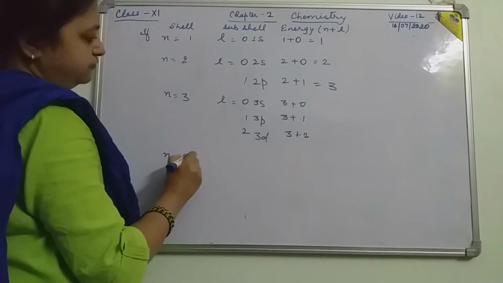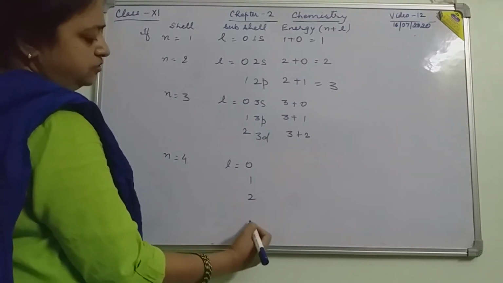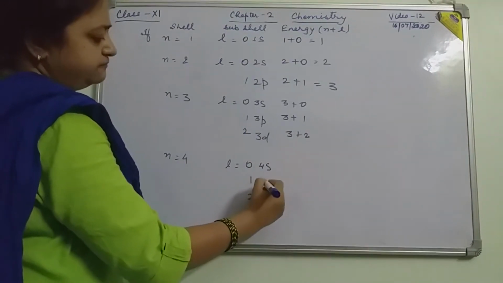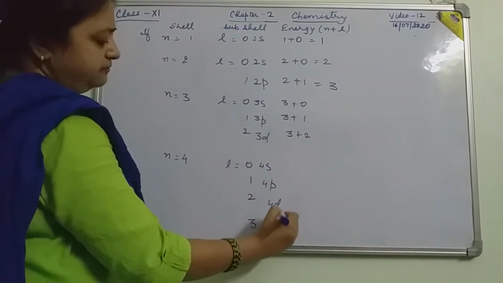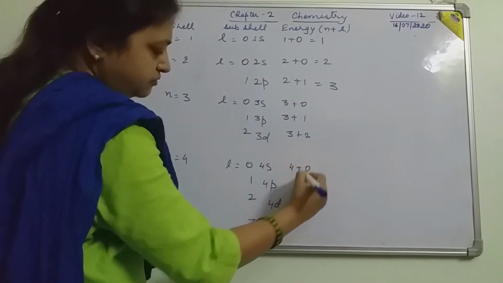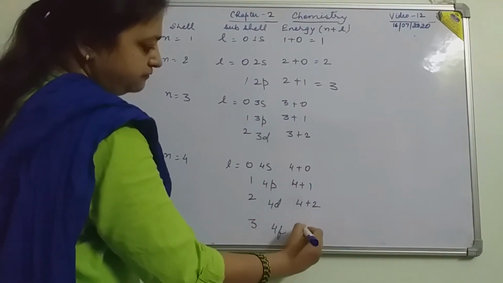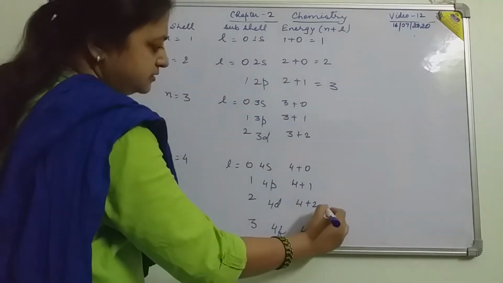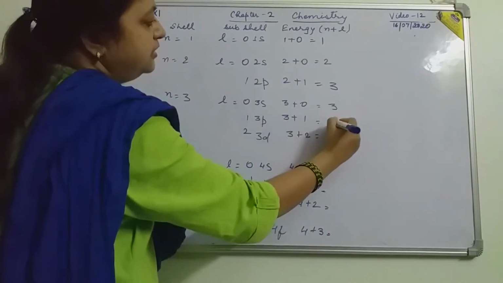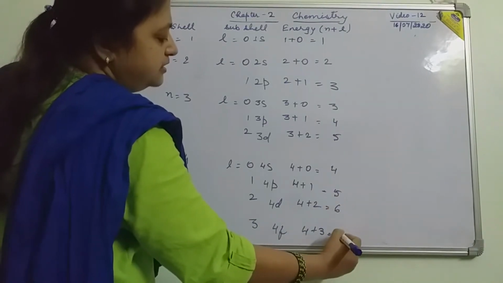Likewise, if n equals 4, l equals 0, 1, 2, 3, giving 4s, 4p, 4d and 4f. So the energy becomes 4 plus 0, 4 plus 1, 4 plus 2 and 4 plus 3, that is 4, 5, 6 and 7.